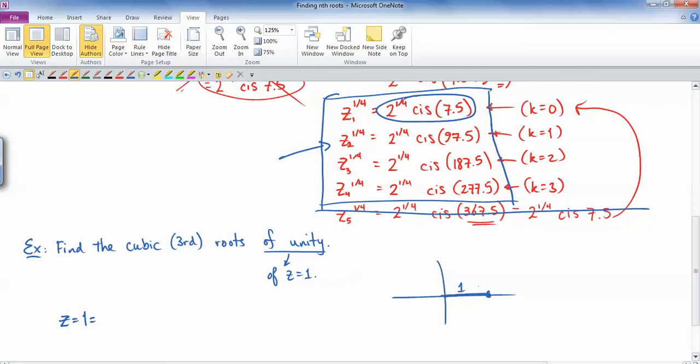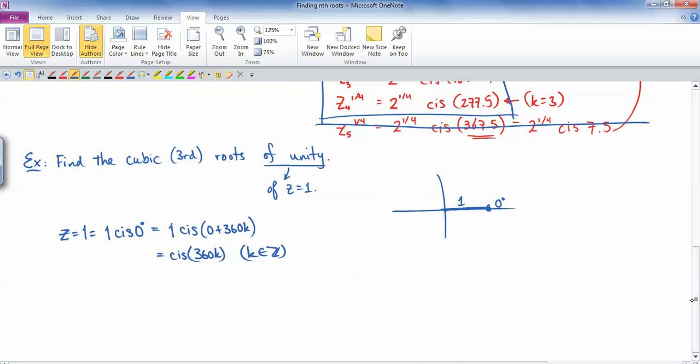The radius is 1 and the angle is 0 degrees. So this is 1 CIS 0 right there. But really, if 0 works, then it's 1 CIS 0 plus 360k. And then we'll simplify this whole thing to just CIS 360k, where k is an integer.